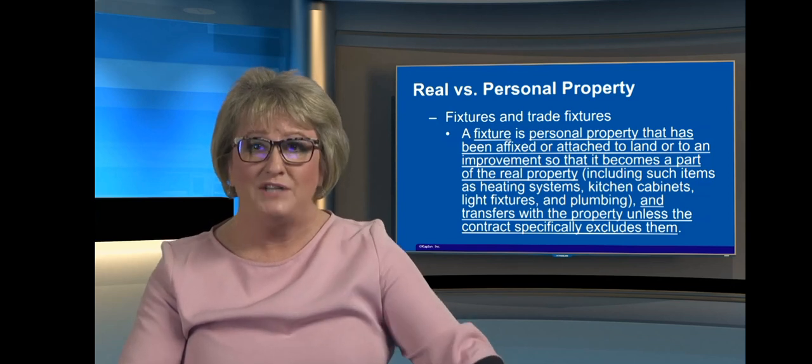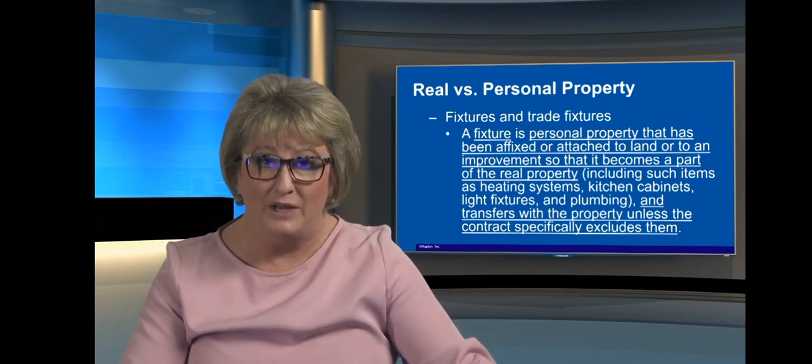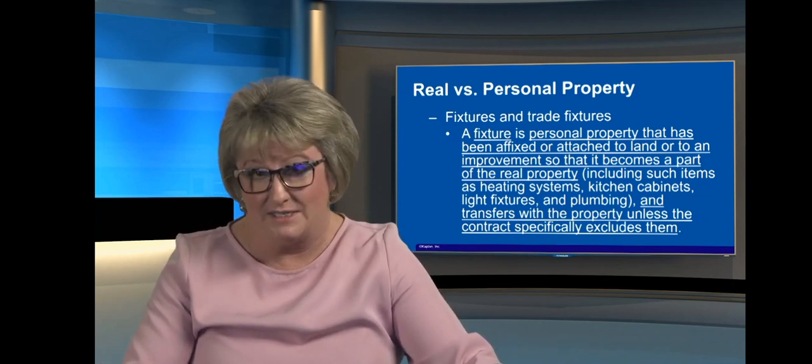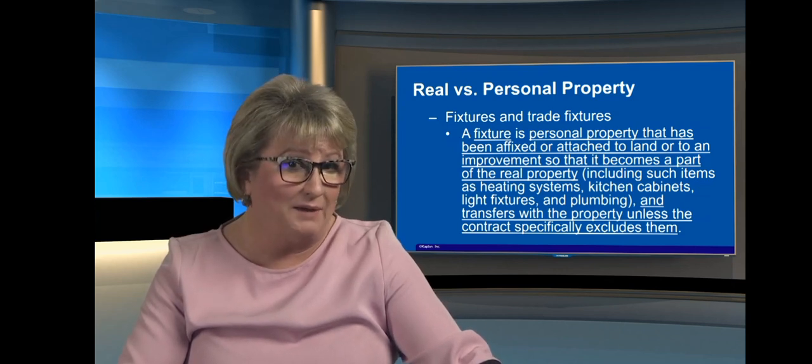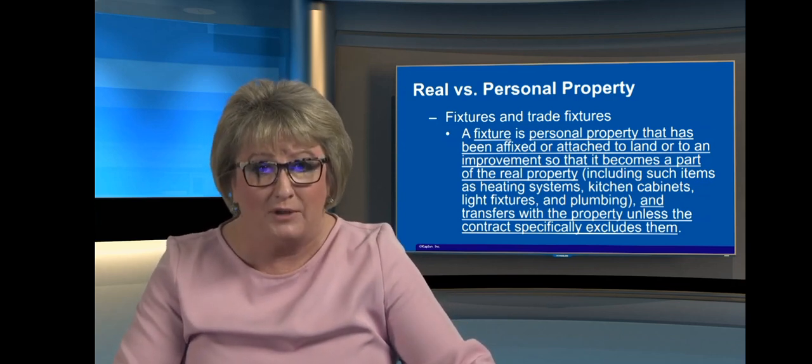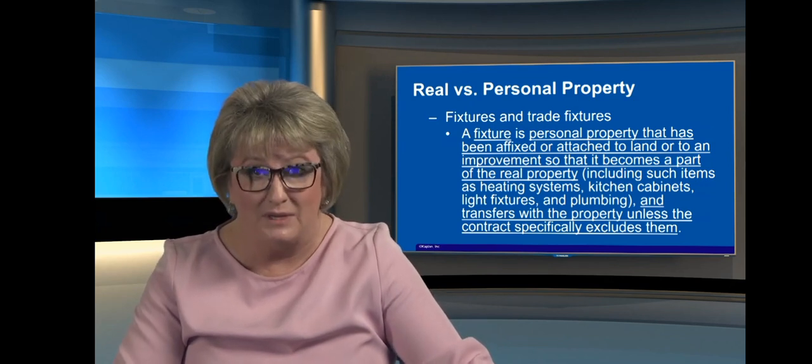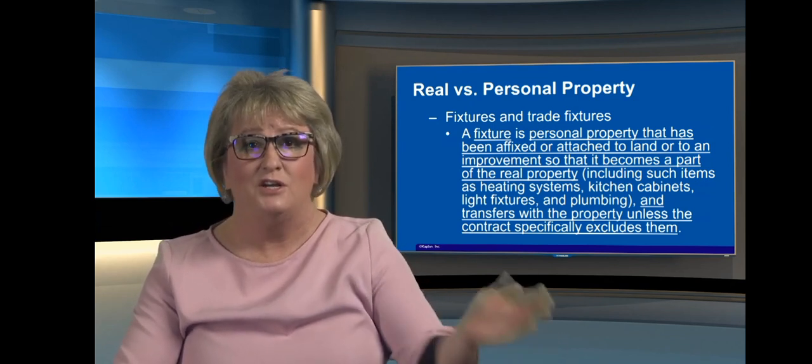A fixture is personal property that has been affixed or attached to the land or an improvement so that it becomes a part of the real property, as we've discussed, including such items as heating systems, kitchen cabinets, light fixtures, and plumbing, and transfers with the real property unless the contract specifically excludes them. Anything affixed transfers with the real property.